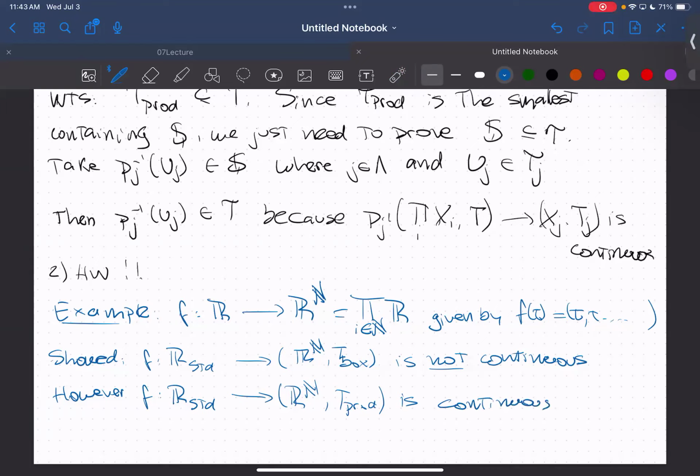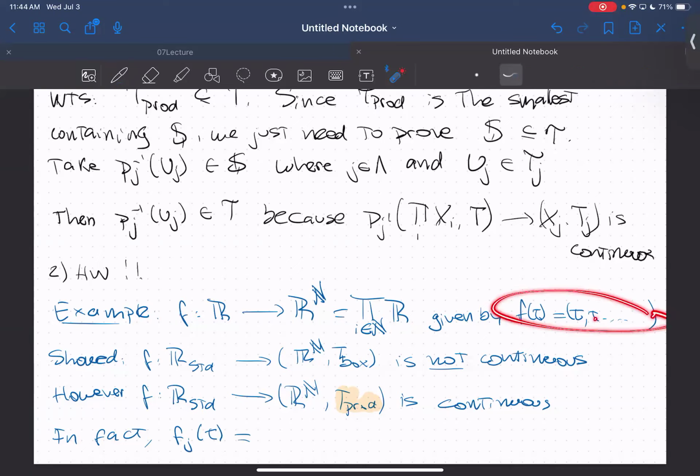I asked you to show this, and now we can give an alternative proof. Why is this the case? Well, since we have this topology here, it's enough to prove the coordinates are continuous. And what are the coordinates here? The jth coordinate evaluated at some t. What I need to do is compute f and then project to my coordinates. But our coordinates are the same here.